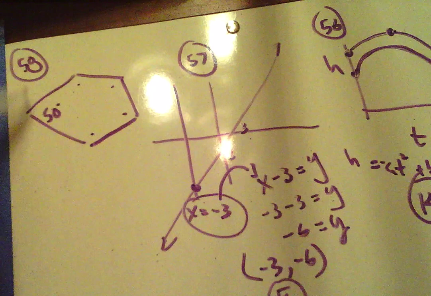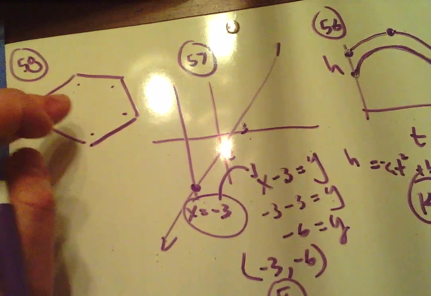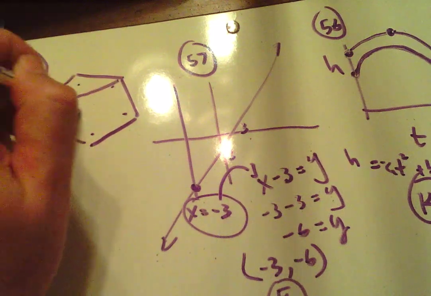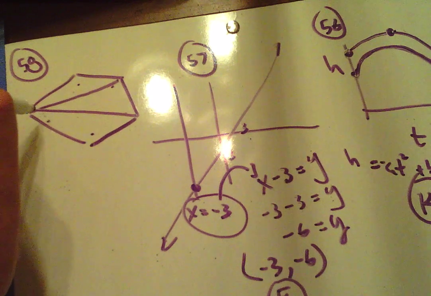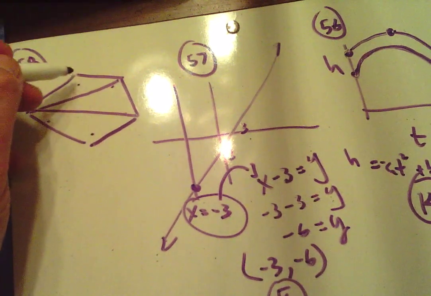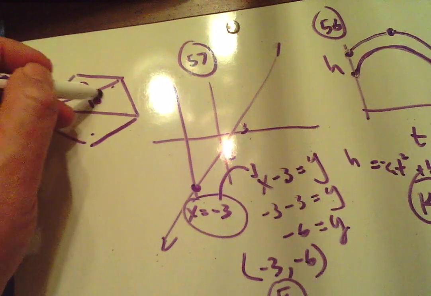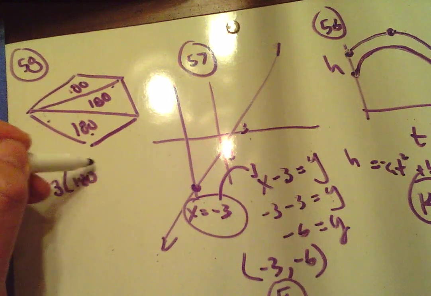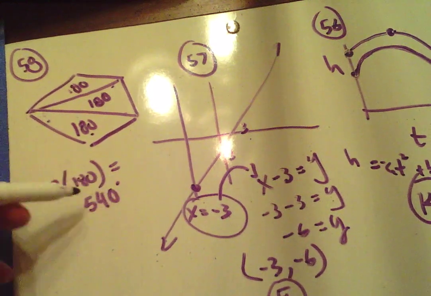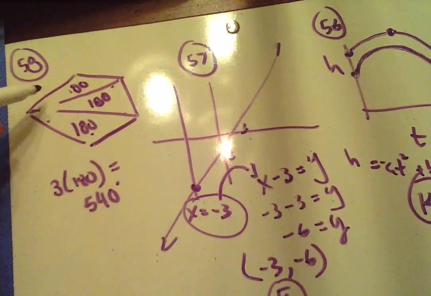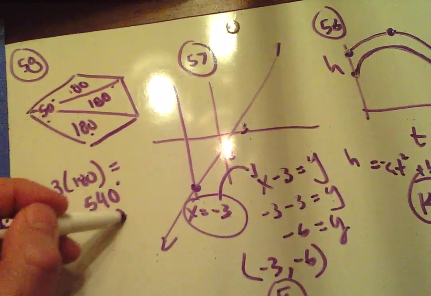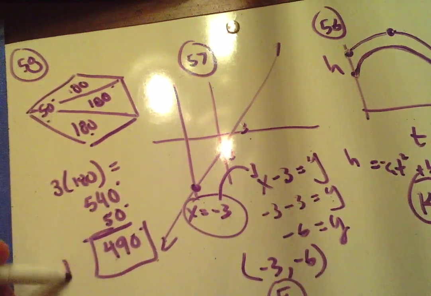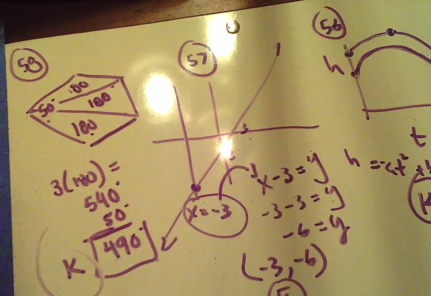Well, I need to know how many degrees are total inside of this pentagon, and I can do that by using the formula that I've probably learned and forgotten in geometry, or dividing this thing up into 3 triangles, which gives me 180 degrees, 180 degrees, 180 degrees, or 3 times 180 for 540 degrees total. Well, if I use 50 degrees over here, that's 490 degrees left over for the other 4, and that's why K is my answer for 58.